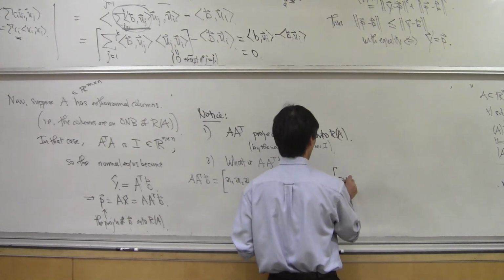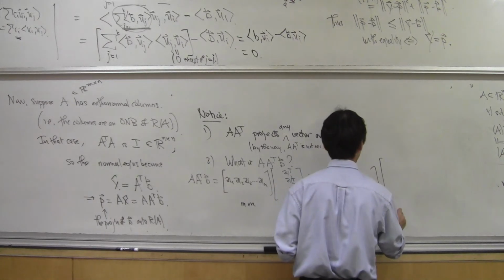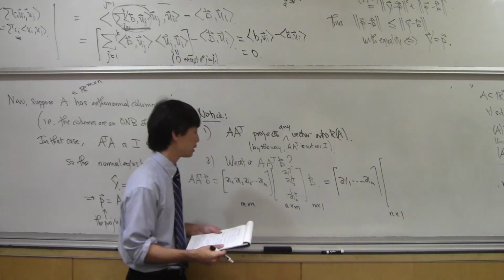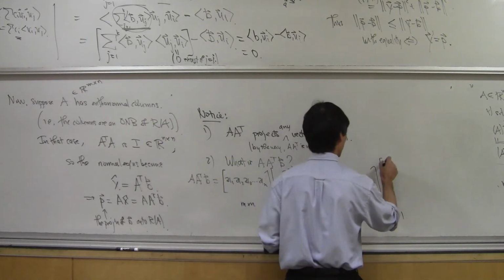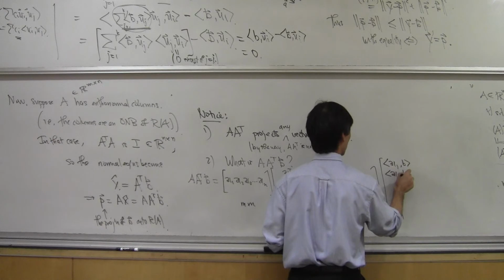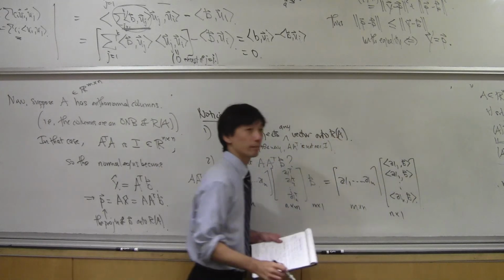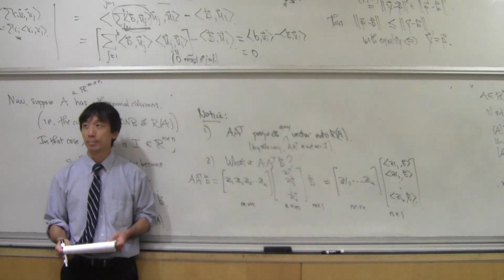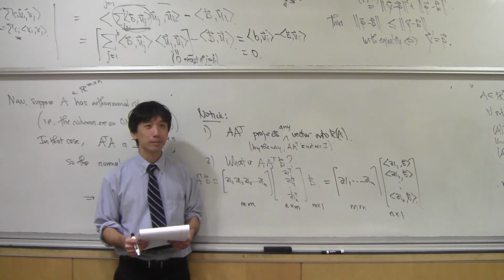This is A1 through AN times a matrix that's going to be n by 1, where the entries are the inner product of A1 against B, the inner product of A2 against B, through the inner product of AN against B. Sorry, the dot product, because we're in Rn.